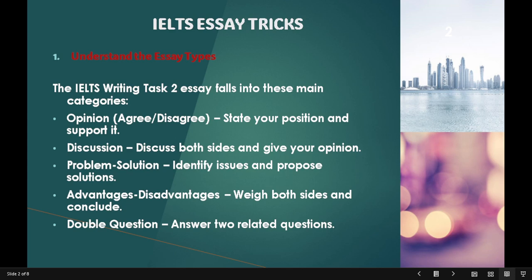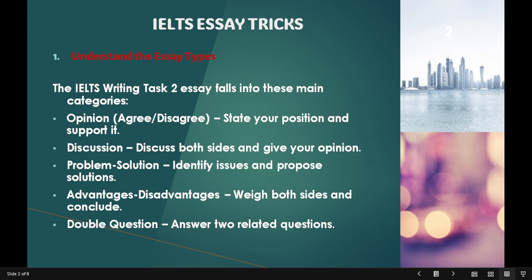First is the opinion essay, which is the agree or disagree essay, where we'll call it a debate. You're asked to agree or disagree with a particular topic. For instance, a question might say: more and more fathers are taking a break from their work to sit at home and take care of their kids while their wives work.